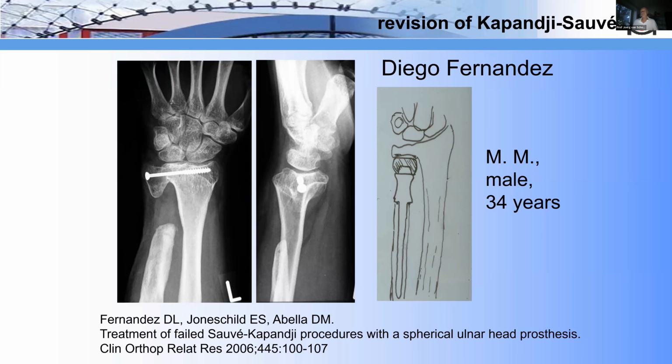Diego Fernandez came up with the idea that we don't try to restore stability with a soft tissue flap, but instead create a bony support for the ulnar head prosthesis, and we don't use a flat ulnar head, but a spheric ulnar head, and I'll show you in a second. He actually described that procedure in 2006, with some limited results on clinical patients.